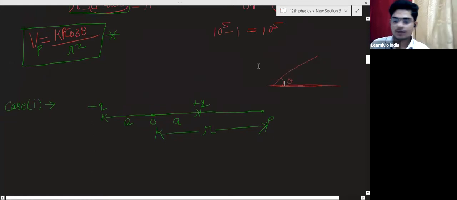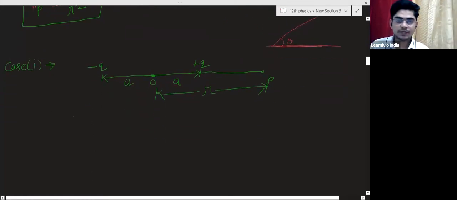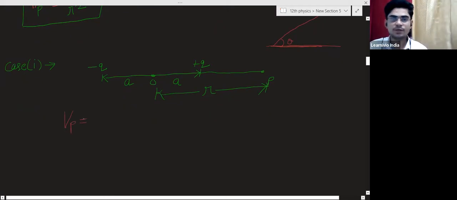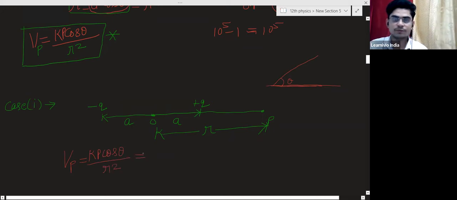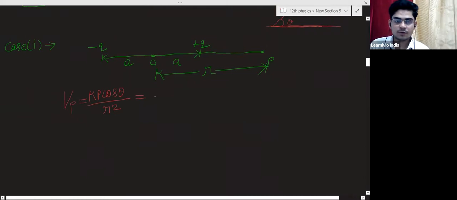So we can easily calculate the value at point P: Kp cos theta upon r square, which will be Kp cos 0 degree upon r square.